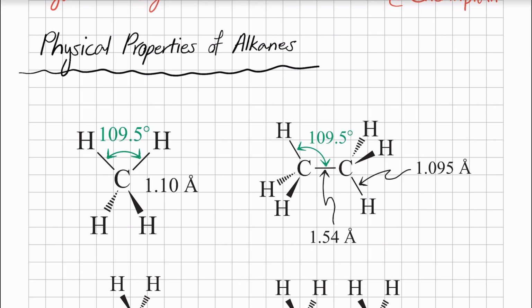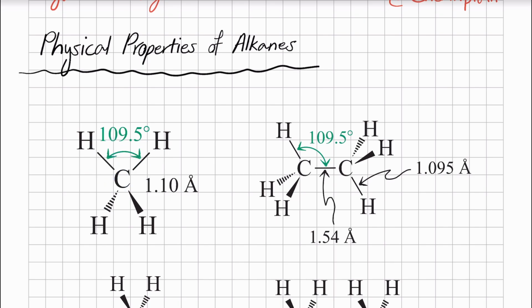But as it is shown here, the angle between this carbon and hydrogen bond and this carbon and hydrogen bond is 109.5 degrees. You may ask why.